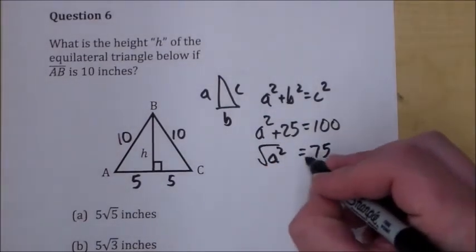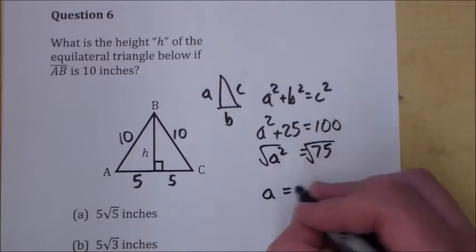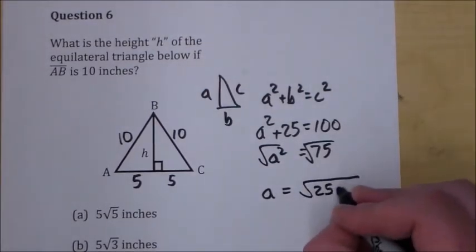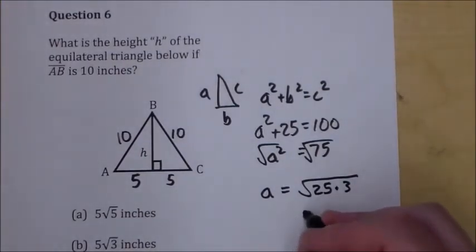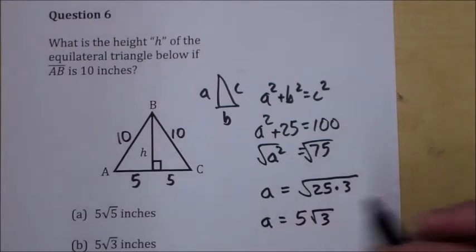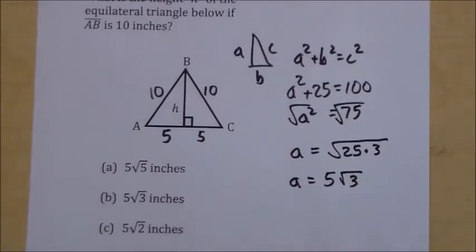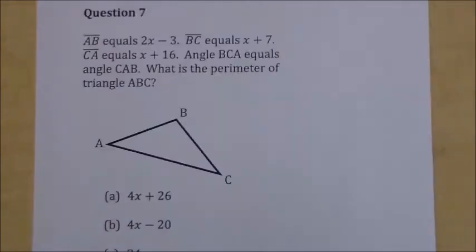We take the square root of each side. Square root of a squared is just a. Square root of 75, let's call that 25 times 3. Square root of 25 is 5, and square root of 3 stays square root of 3, so your height is going to be 5 square root of 3. Do I have that as an answer? I certainly do. There we are.